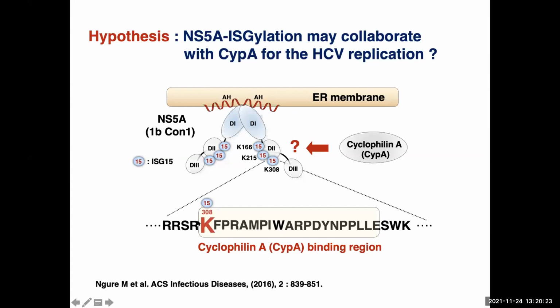We found that an important ISGylated lysine resides in this region, and we asked whether the ISGylation of NS5A may have a role in the interaction between NS5A protein and cyclophilin A protein.